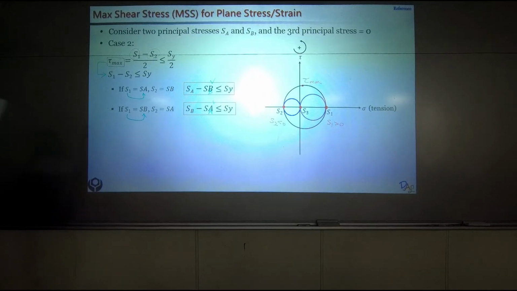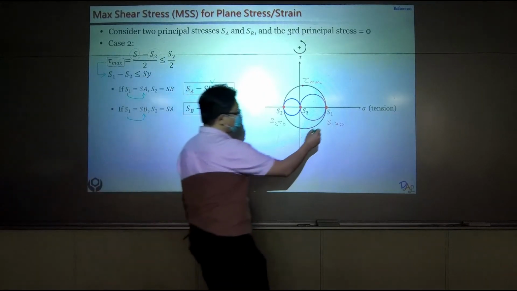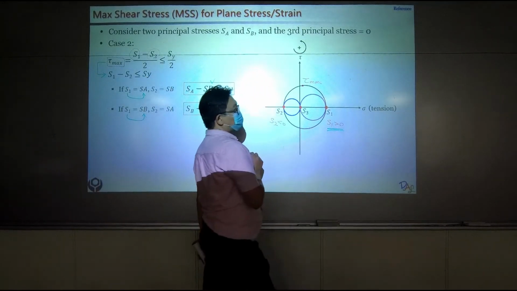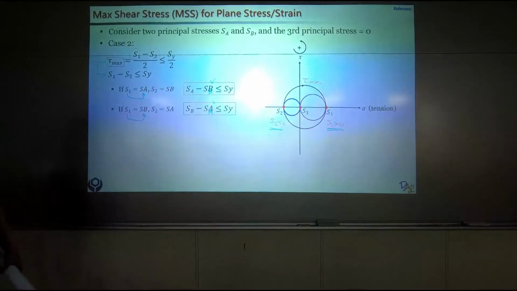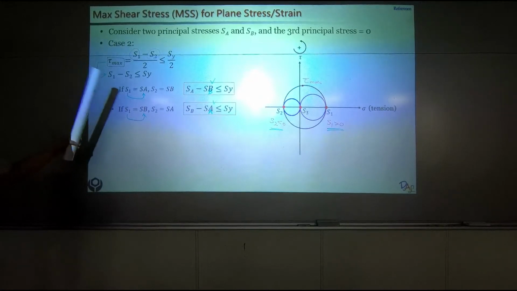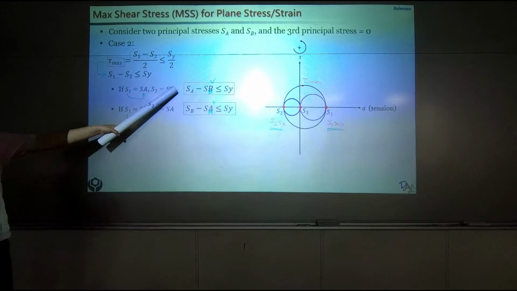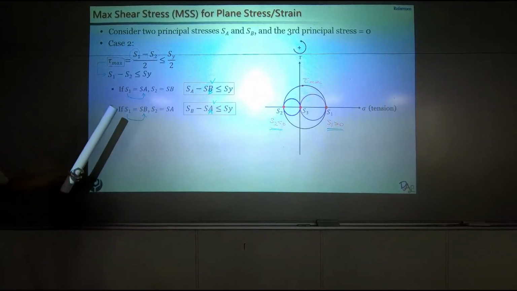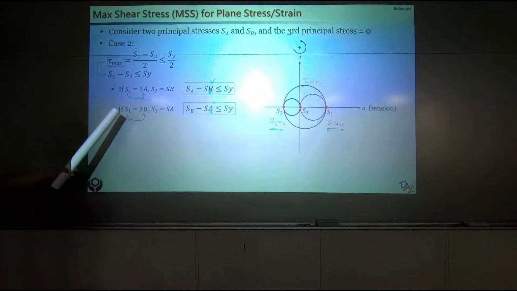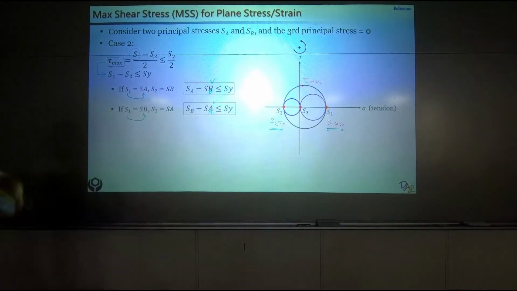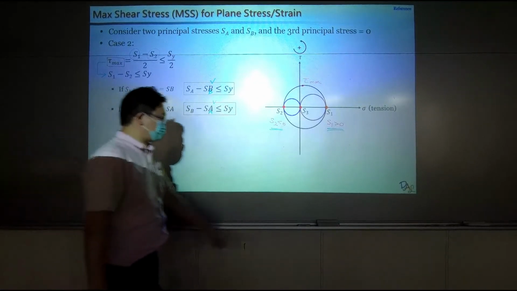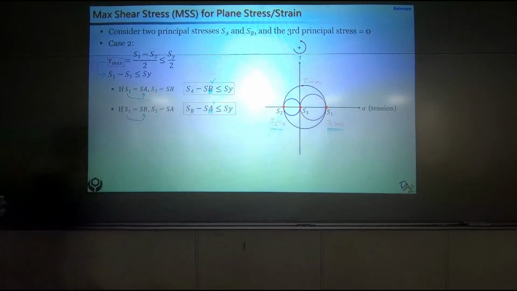So this is when you have positive first principal stress and negative second principal stress. And when your first coordinate has the largest, this is the limit. When the second coordinate has the largest stress, this will be the limit. Okay, so we're discussing all kinds of situations. Is it okay? I'm moving on.